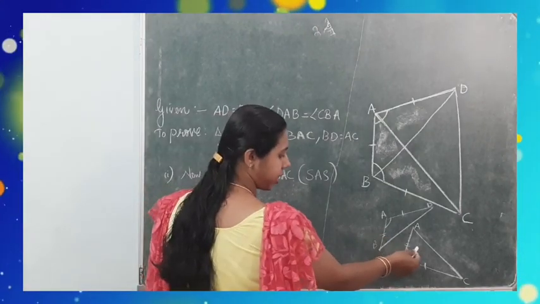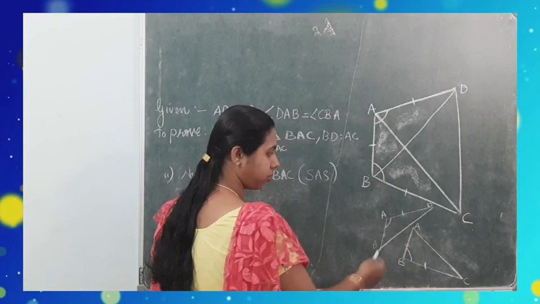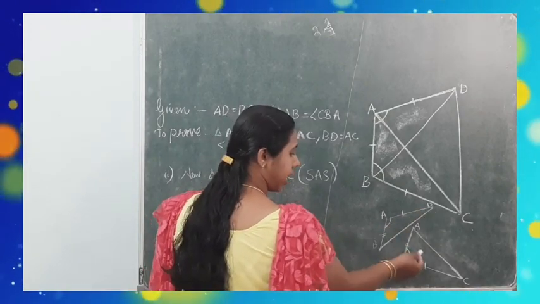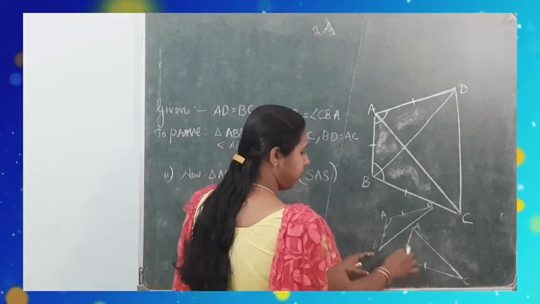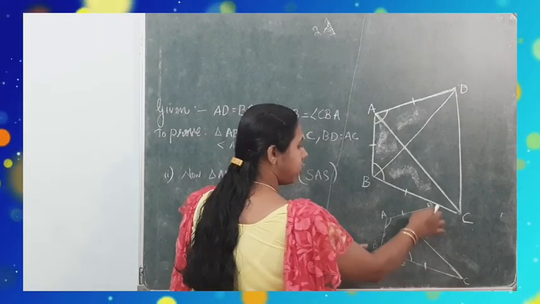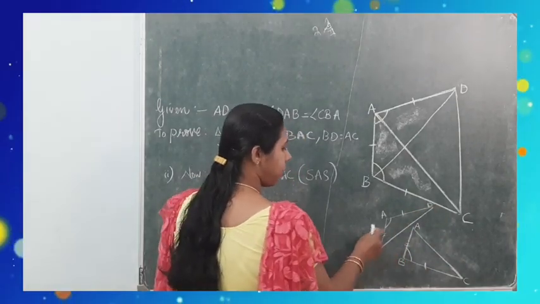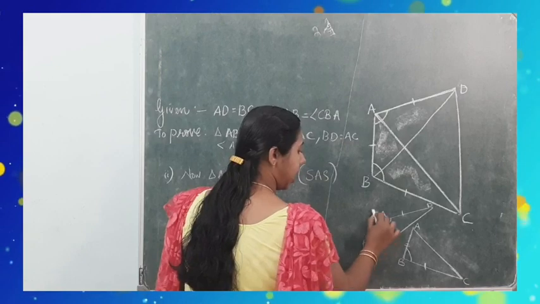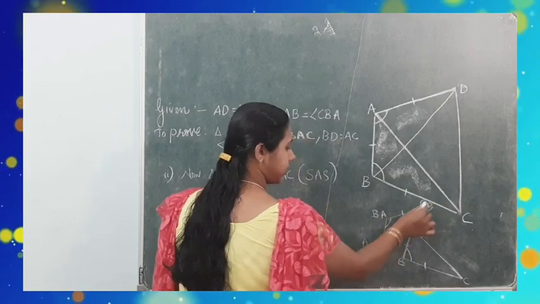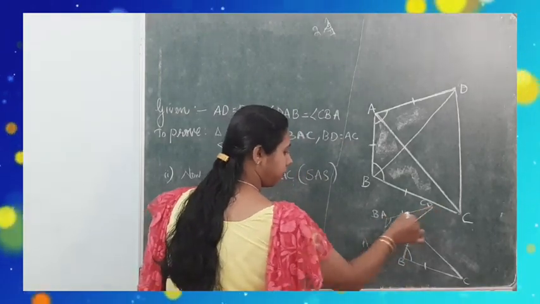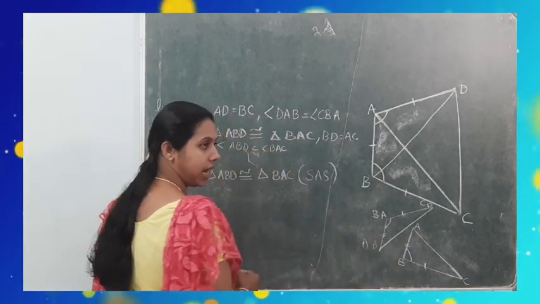See, observe these two triangles. We proved these two triangles are congruent. So if they are congruent, this B will coincide with A, C will coincide with D. See, this way, triangle CBA will be on top of this triangle DAB.